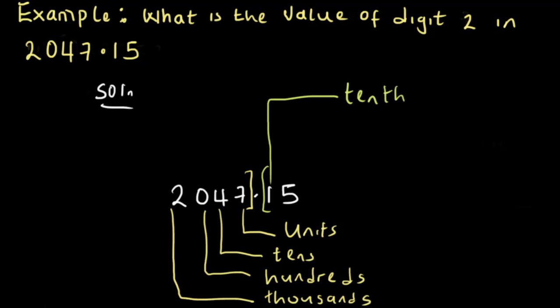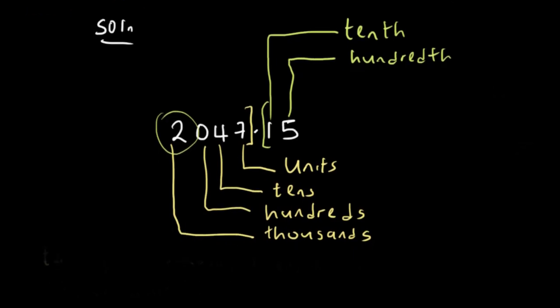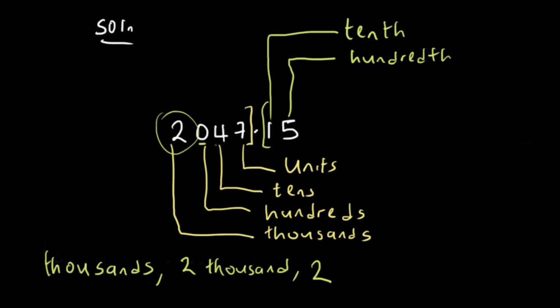Tenths. And then we have hundredths. So we are asked, what's the value of digit 2? We have thousands. I just did this example so you won't be confused with what we've done in the last video. So we have thousands, or we can have 2,000, or we can have 2 thousand. Remember, we turn every other thing to 0, so we have 3 zeros. 1, 2, 3. Do you understand? So this is our answer.